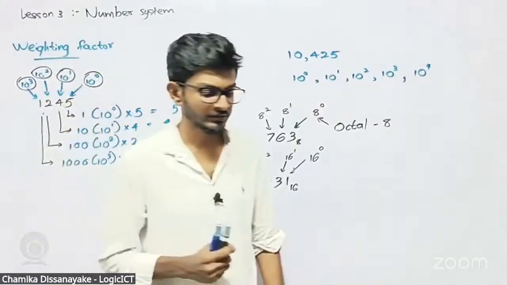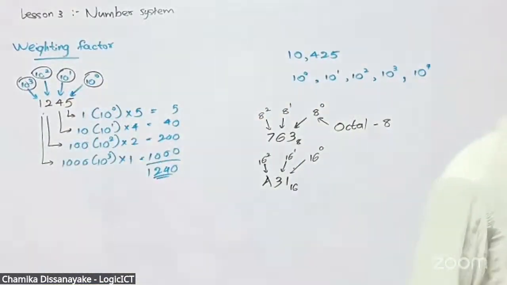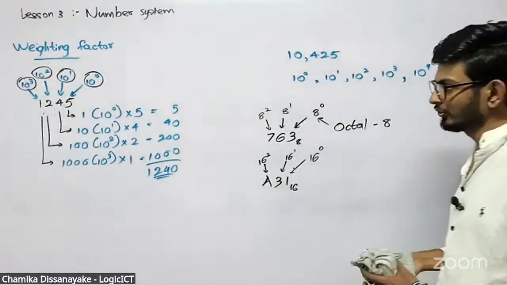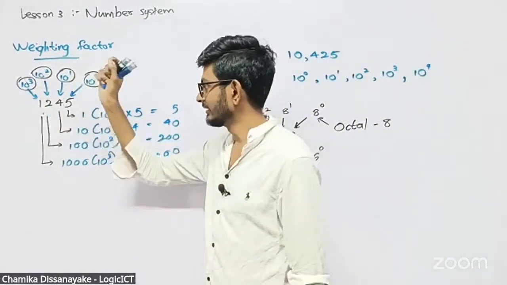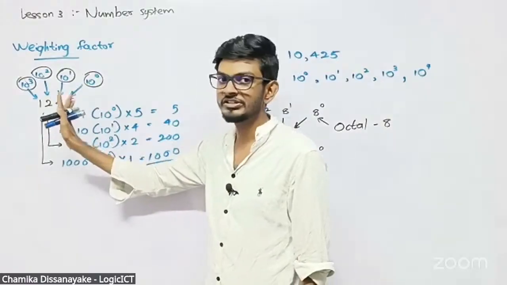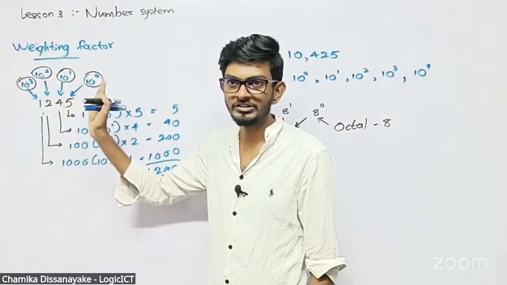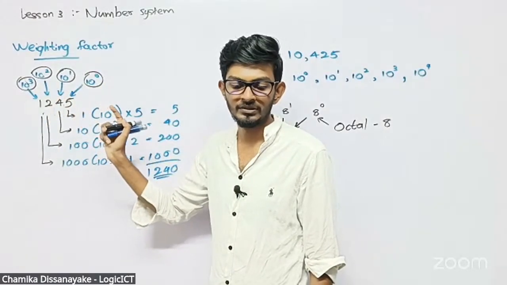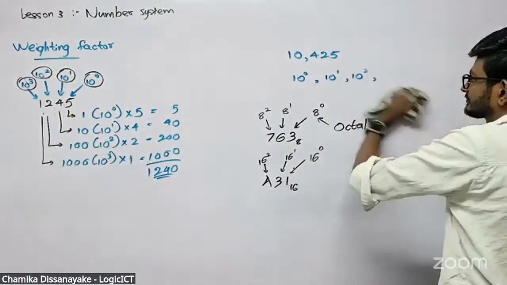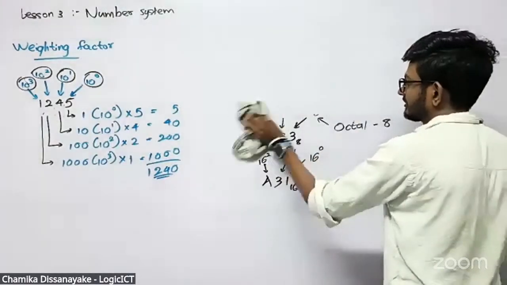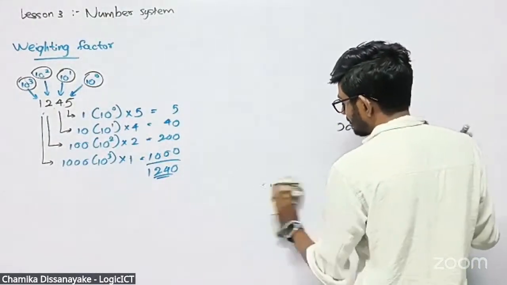We have a problem, guys. I think you know about the weighting factor for normal integer numbers. But what about the fraction numbers? We have a problem, no?